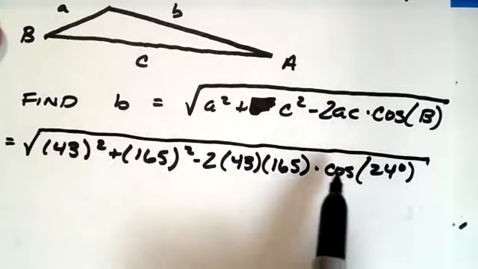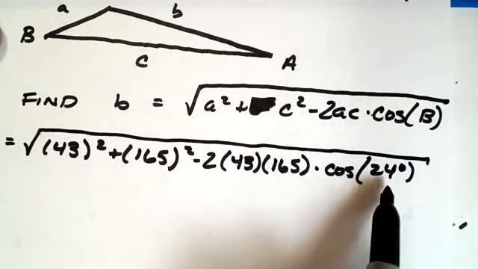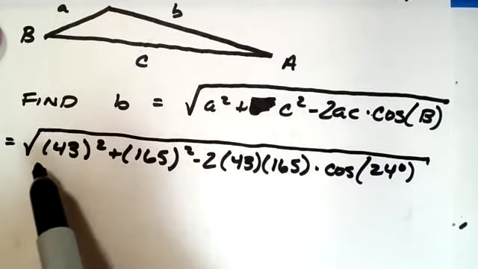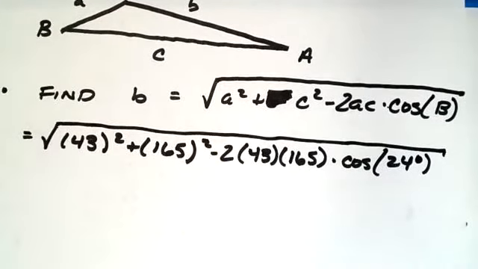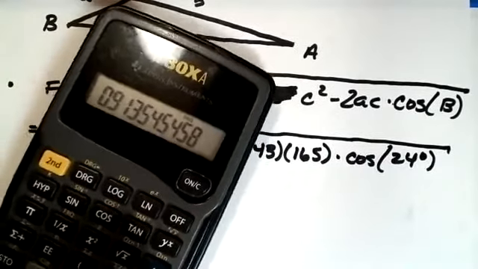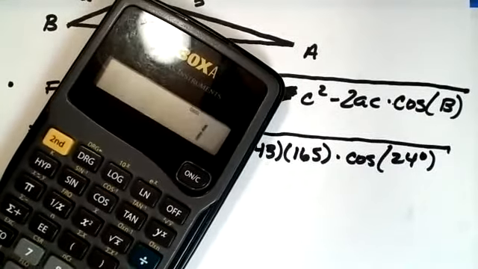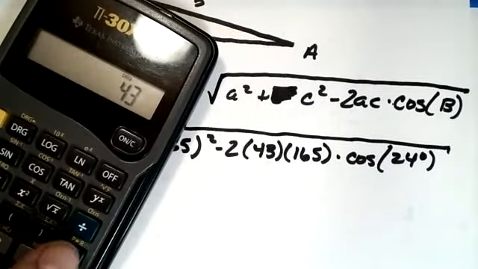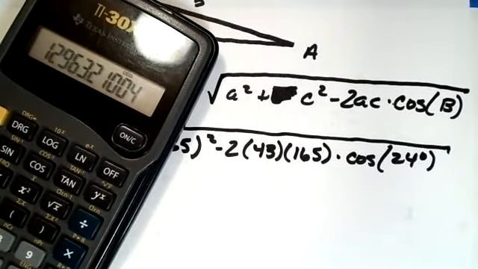So what I'm going to do is take the cosine of 24, then multiply, multiply, multiply, change the sign, and then add these squared terms. So first, cosine of 24 is about 0.91, times 165 times 43 times 2.